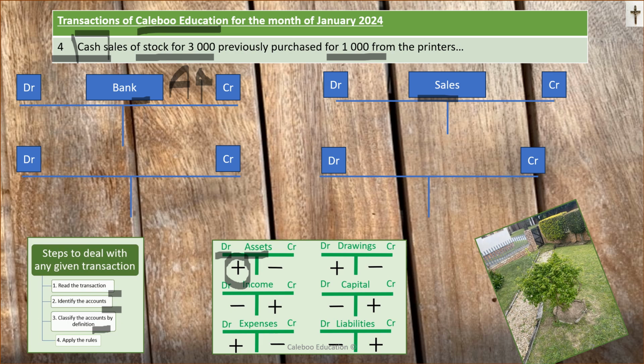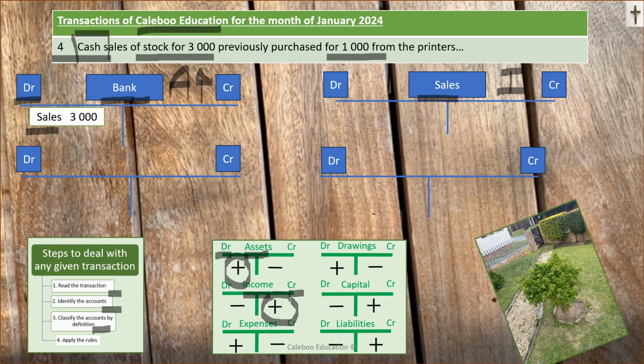And while we've got sales up there, sales is income. And if we go to the rule, income: our income has increased, the account is going to be credited. So bank gets debited, an increase in assets. Under details, we write the name of the contra account, the other account affected by the sale.